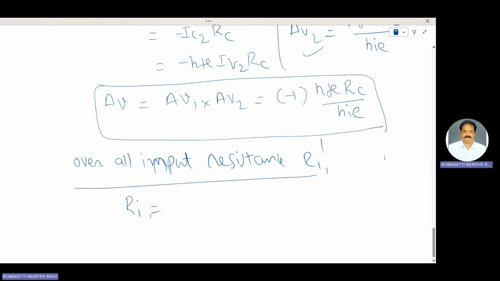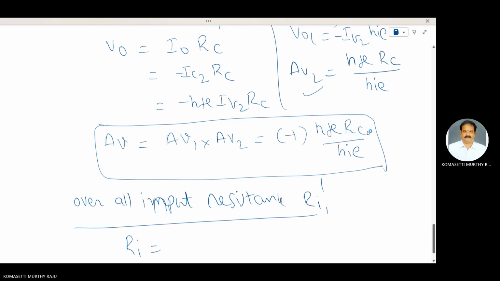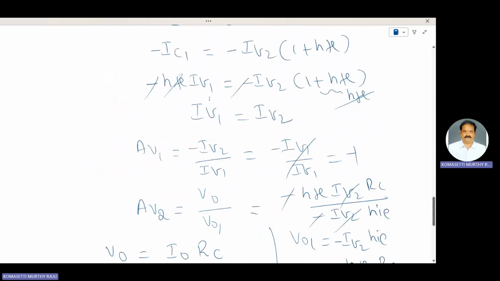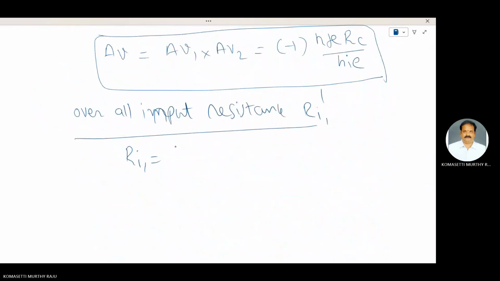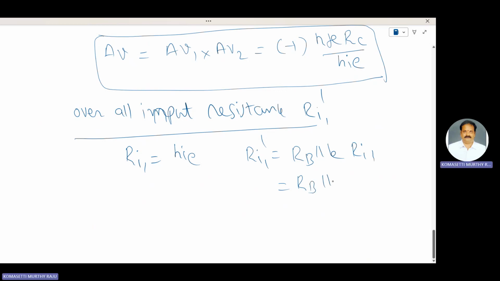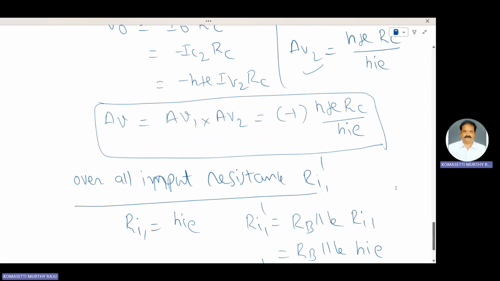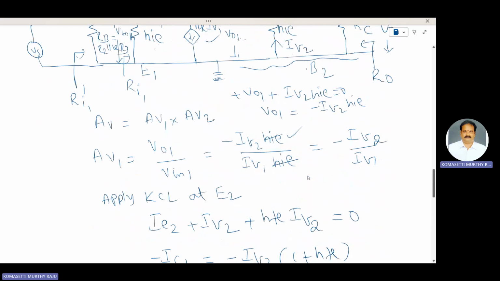Ri1 is equal to Hi. Ri1 dash is Rb parallel with Ri1, that is Rb parallel with Hi, where Rb is R2 parallel with R3. This is the Ri1 dash.